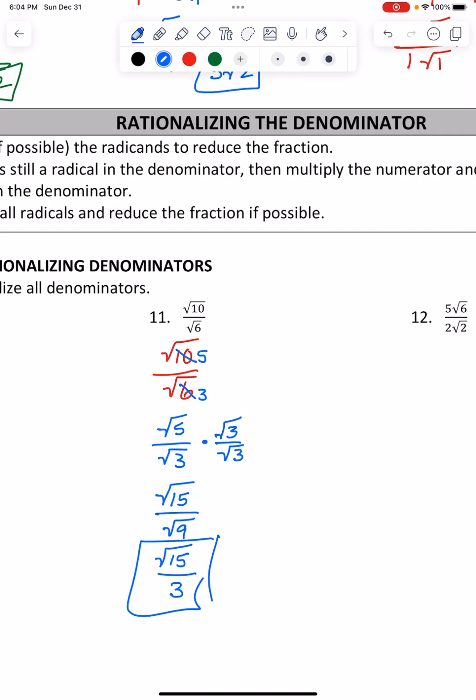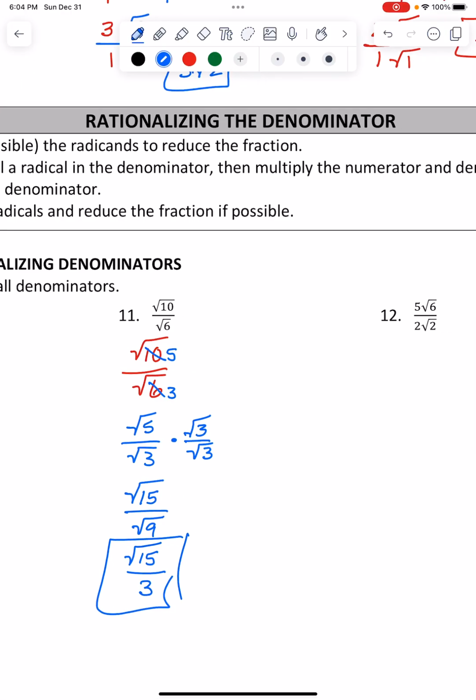And if you don't simplify at the beginning, and you just work with square root of 10 over square root of 6, and you go that way, right? You're still going to get the same answer. You're just going to have a little bit of simplifying to do at the end, right? So we end up with square root of 60 over square root of 36 if we don't reduce at the beginning, which in this case 60 can be broken down, that's 4 times 15.